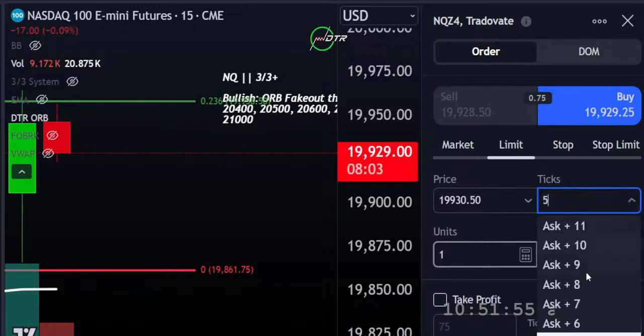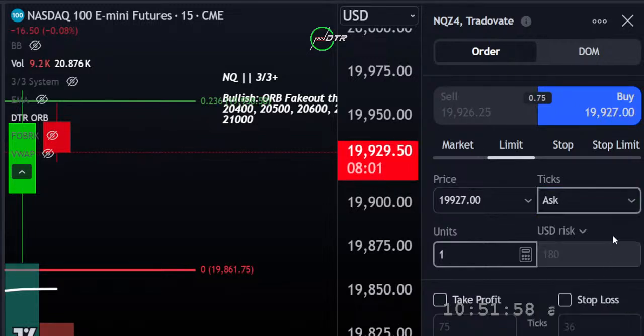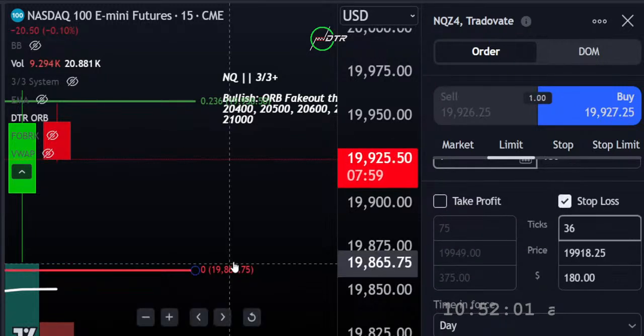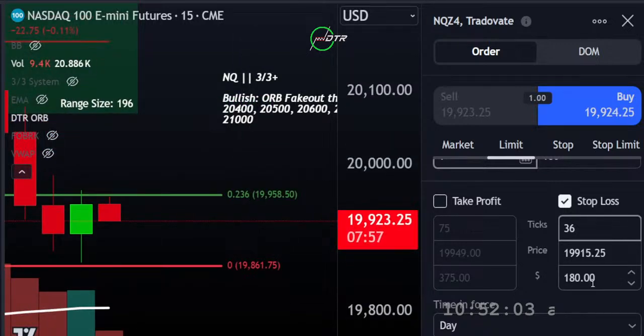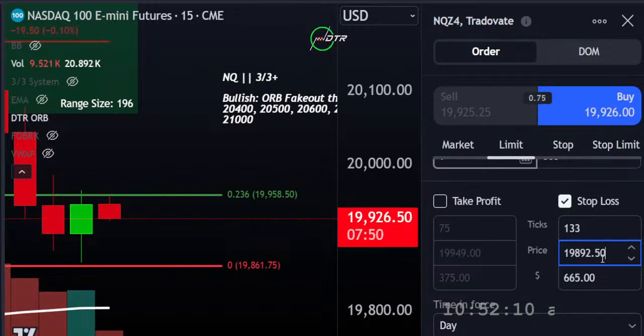So again, right, if I set my price here to the ask, because we're going long, stop loss at low of day, which would be 19,861. Look at how my risk increases, right?